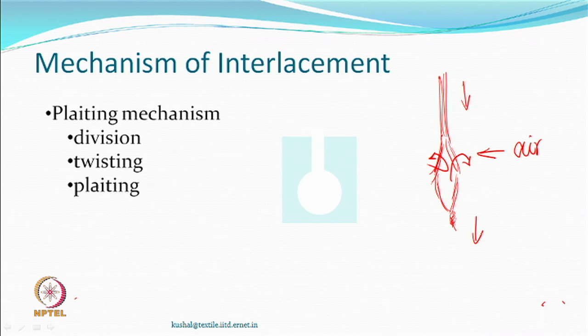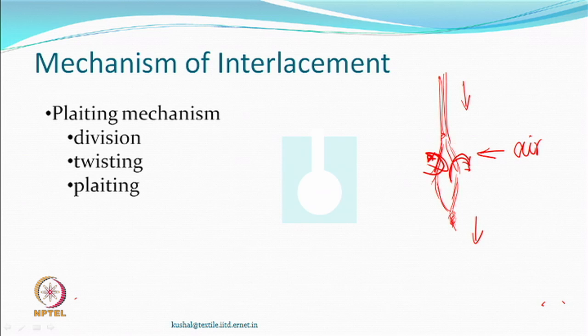So, what happens when you twist one portion and the other portion? Wherever they are together close, they would like to make a node or a plate or a twist.